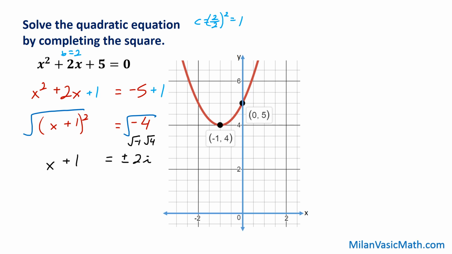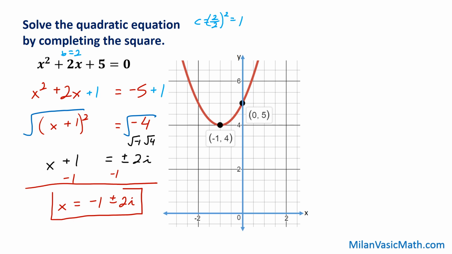Last step is to subtract 1, and we get x equals -1 plus or minus 2i. If you want a bit of a challenge, substitute -1 plus 2i into that quadratic equation and see if it works out for you.